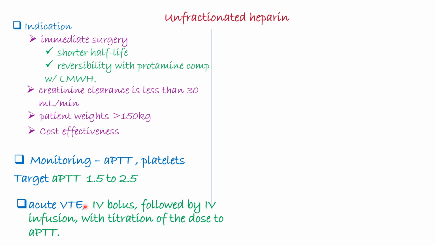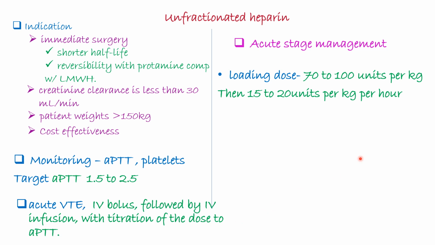So we said previously that low molecular weight heparin is given subcutaneously. When we use unfractionated heparin for acute cases, we first give an IV bolus, follow it with an IV infusion, and then titrate the dose to our target APTT, that is 1.5 to 2.5. In acute stage management, our loading dose will be 70 to 100 units per kg.